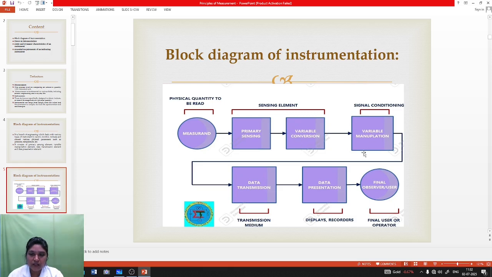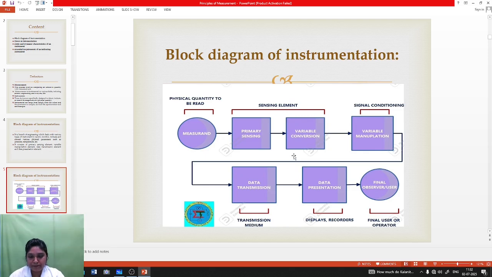If it is not accepted by the next stage, we have to go for variable conversion. In this conversion, we convert the parameters to the desired output form, such as voltage, frequency or any other electrical parameter. Such output may not be in a suitable form for the actual measurement, so we have to go for variable conversion.